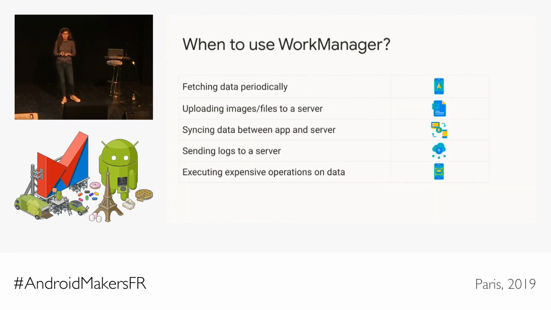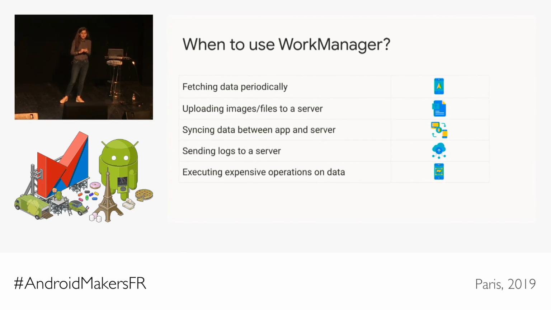When to use WorkManager? WorkManager is not a general solution for all the background processing. So it has some specific scenarios in which it could be used. For example, if we want to fetch data periodically, a good example could be when we want to send the user's location to the server at a period of time.